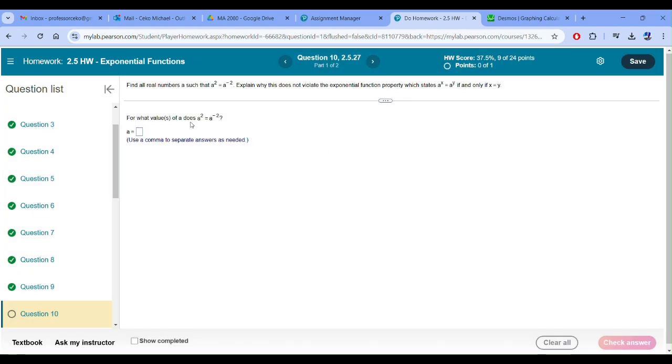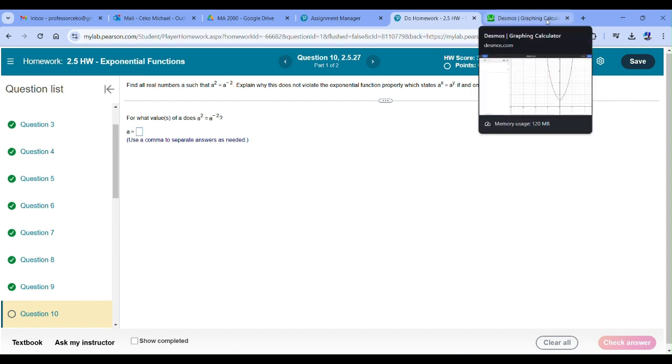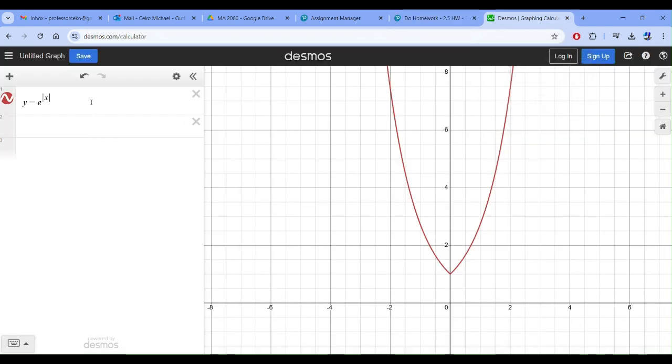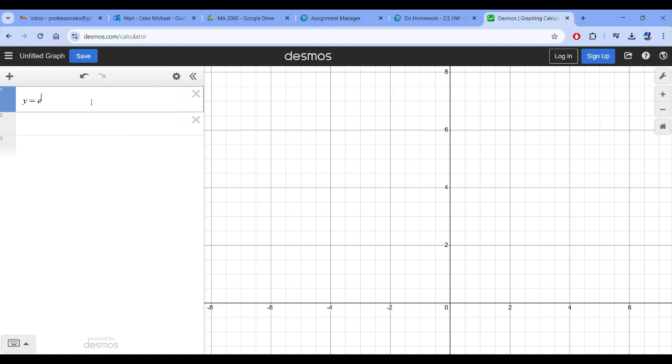Number 10. Okay, so here, what value of a squared equals a to the negative 2? There's a way to do this algebraically.